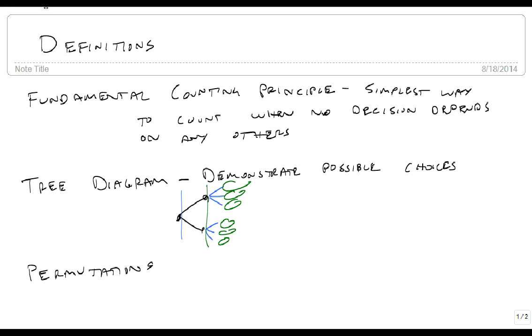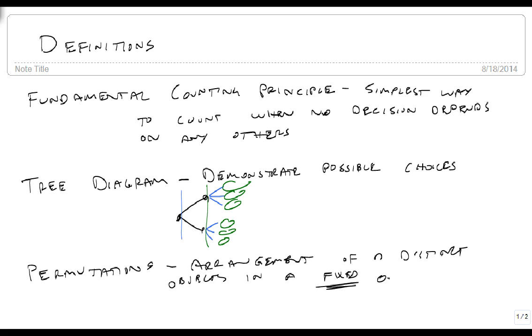The definition for permutation is an arrangement of n distinct objects in a fixed order, where no object is used more than once.